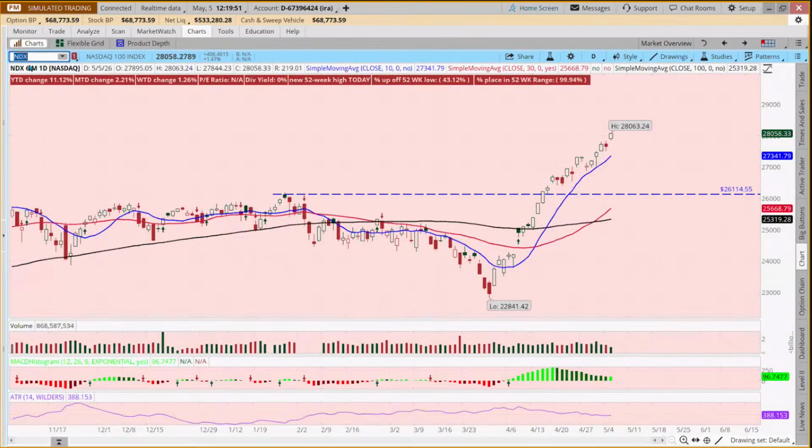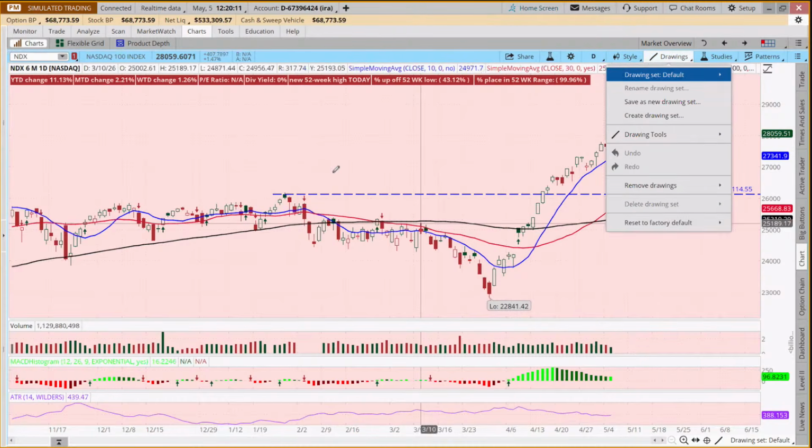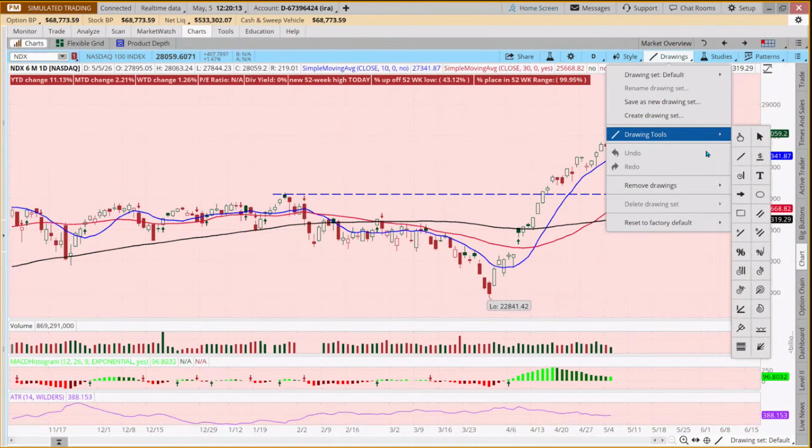The NASDAQ, similar. So might we expect to see, after this kind of pullback and period of consolidation, similar moves on some of the charts? And did we have a diagonal resistance breakout here?